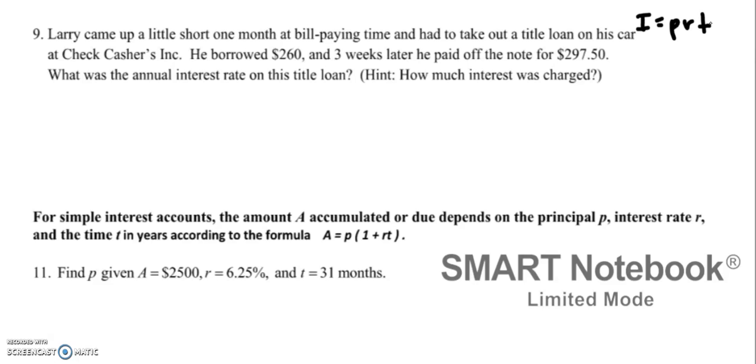He borrowed $260, and 3 weeks later he paid it off for $297.50. So this 260 is the starting amount. That's the P. 3 weeks later, that's your time.